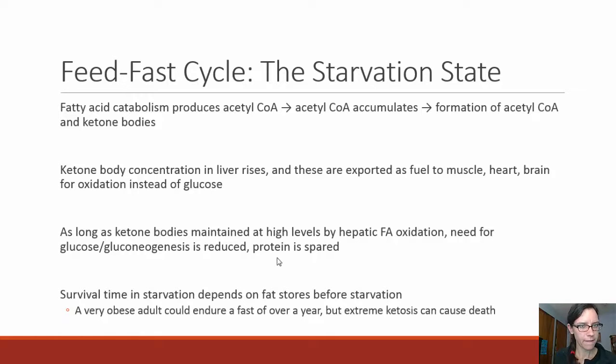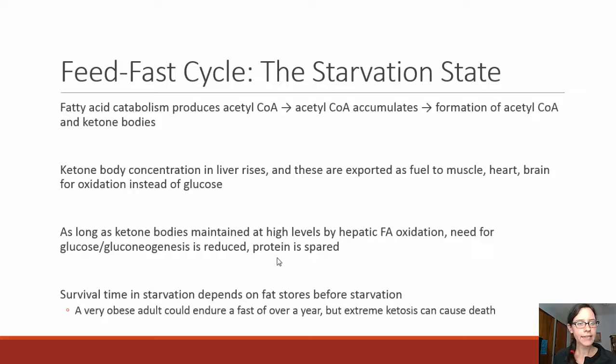And as we talked about in the lipids section, we know that fatty acid catabolism in times of food deprivation, and especially glucose deprivation, leads to production of ketone bodies. And then these can be exported to our muscle tissues, including our heart, and to our brain tissues for oxidation instead of glucose, thereby retaining as much glucose as possible.